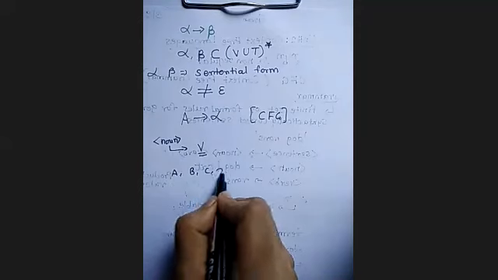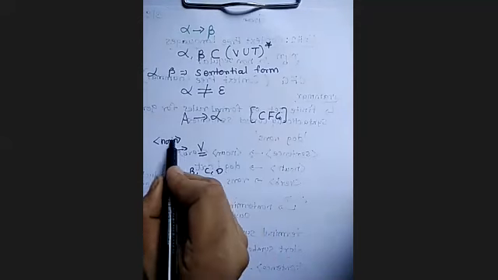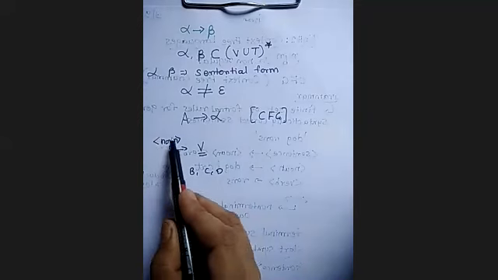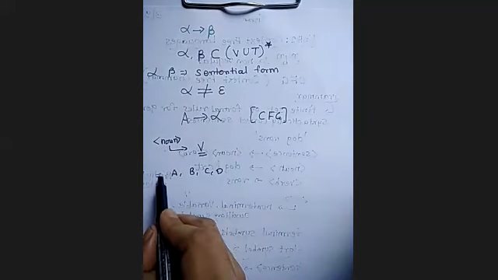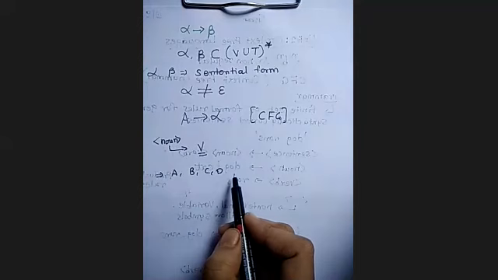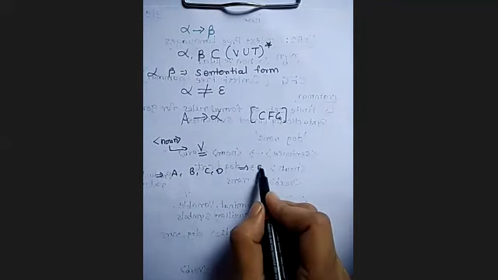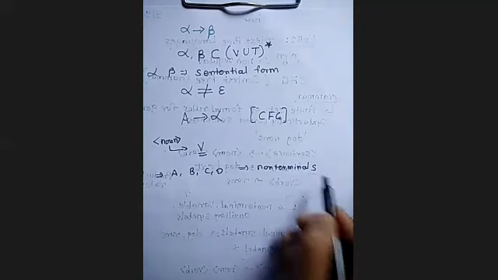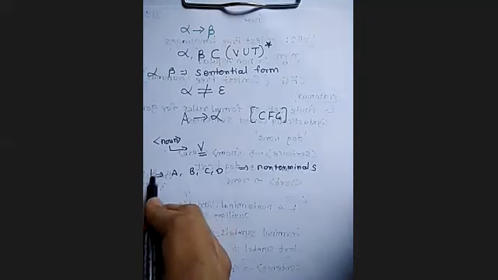Later on, I will explain this. To avoid using the less than and greater than signs, we'll just use capital letters to indicate the non-terminals. You can note this down.